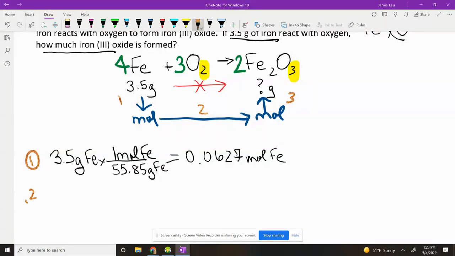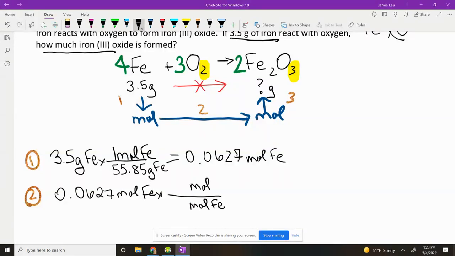Great, now I'm on to step 2. In step 2, I want to convert moles of iron to moles of iron 3 oxide. So I have 0.0627 moles of iron times, now in this step, I need to convert moles of iron to moles of iron oxide.